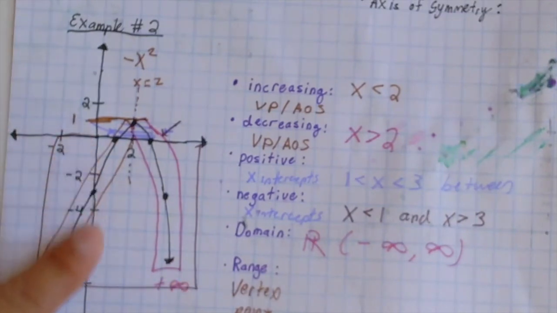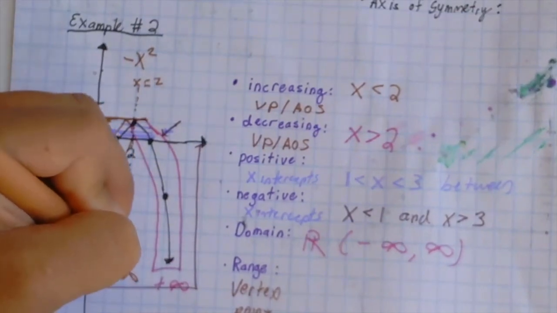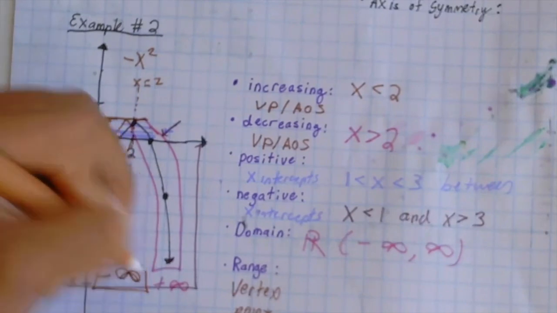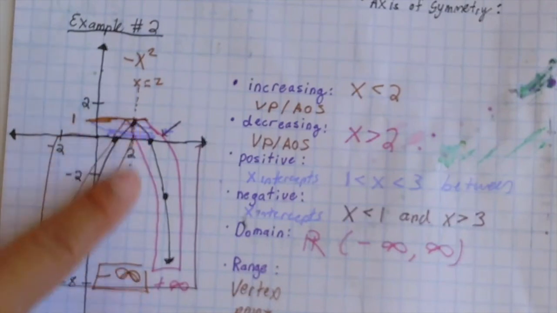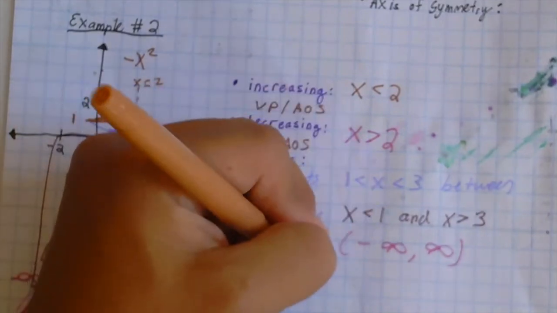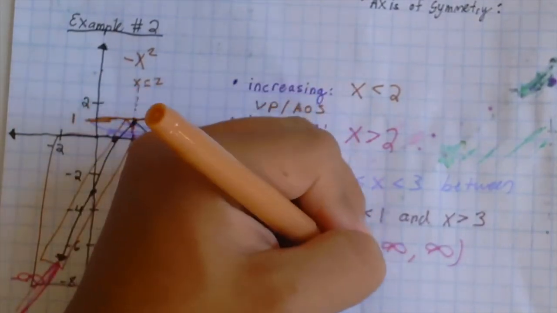And when it's going forever downwards, that means on the y values, it's going to reach all the way to negative infinity. It's never going to end. Therefore, from 1 to negative infinity, we write the notation y is less than or equal to 1.